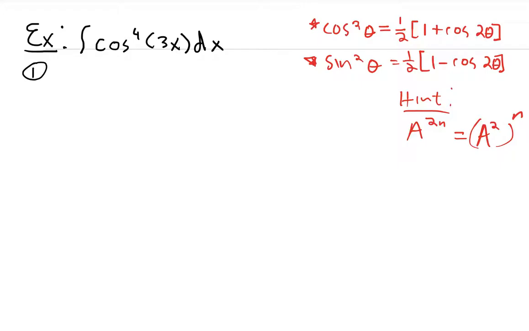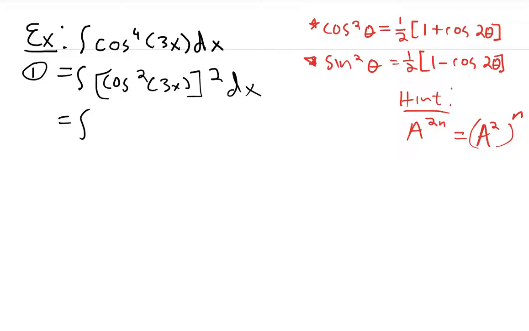So this integral, if I want to rewrite this out, step 1, I really want to apply my identity, but I can't do it directly yet, so it's going to take me a couple steps. I will start off thinking about this as cosine squared of 3x, squared. And then when I go to substitute my identity in, again, we're using the top identity that I wrote down for reference up there, 1/2 times 1 plus cosine of 2 theta, okay, except we started out with a theta and we need to double it.